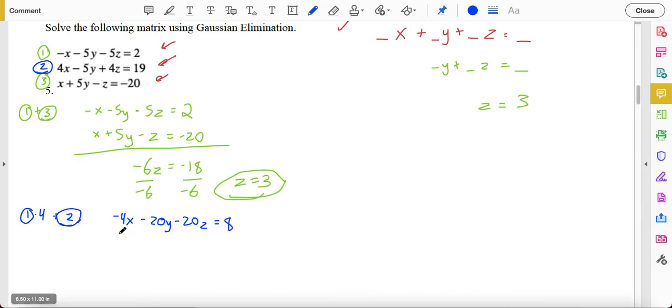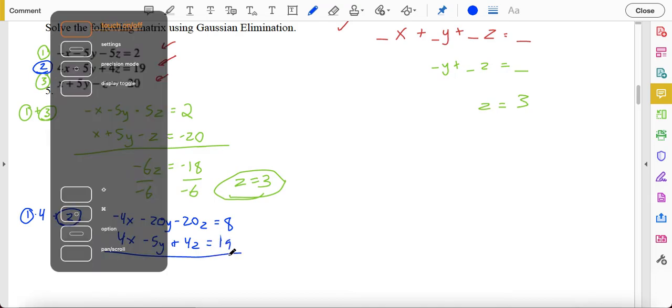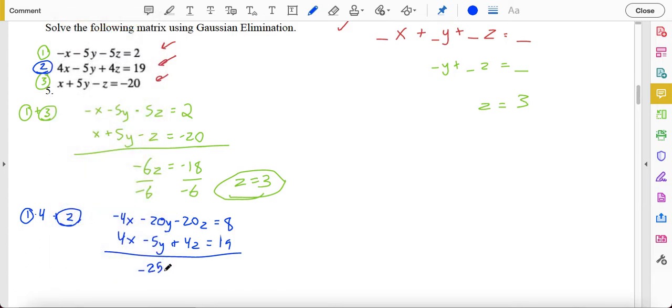I'm just going to copy equation 2. So 4x minus 5y plus 4z equals 19. All right, so I add these together, and I get negative 25y minus 16z equals 27.